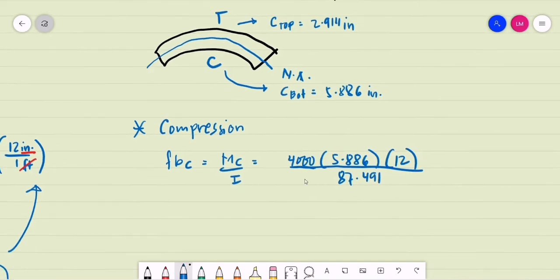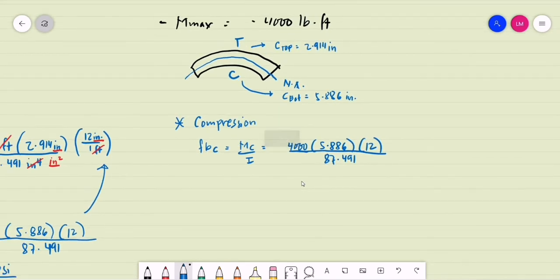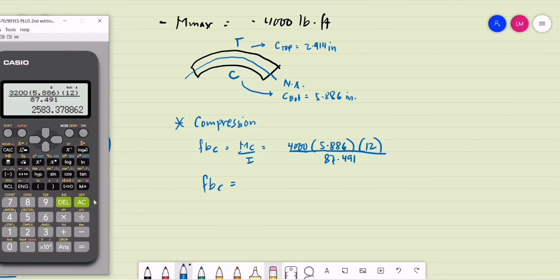Computing for the compressive stress, the bending stress in compression will be equal to 4,000 multiplied by 5.886 multiplied by 12 inches, divided by the moment of inertia, 87.491.